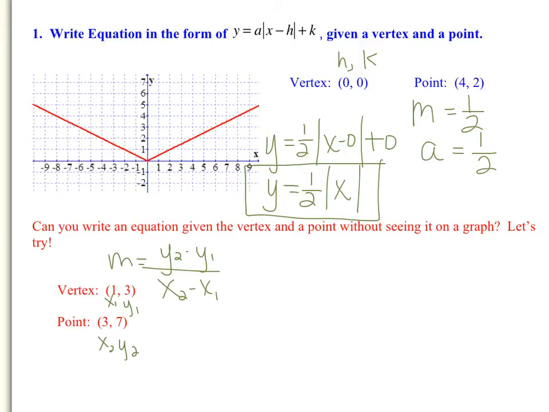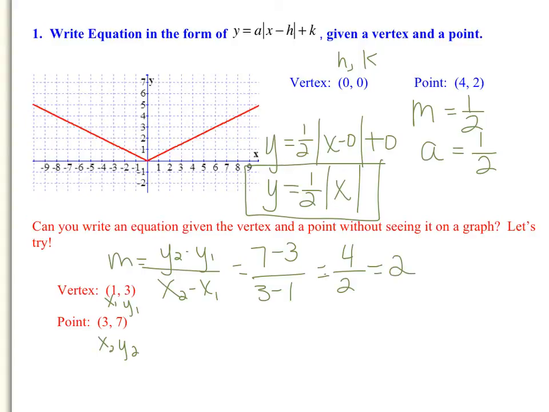So let's go ahead and find our slope. We will have 7 minus 3 divided by 3 minus 1. 7 minus 3 is 4, and 3 minus 1 is 2, and that simplifies to 2.